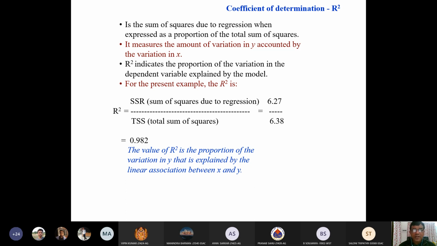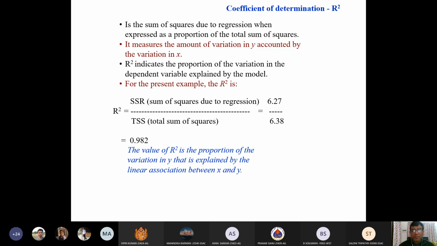So R square is the ratio of the sum of squares due to regression divided by the total sum of squares. In our example, 6.27 was the sum of squares due to regression and 6.38 the total sum of squares. So it comes out to be 0.982. You can directly calculate R square, or you can calculate r and then square it. You can do it either way.